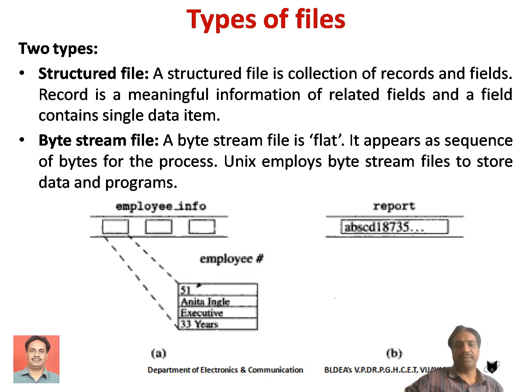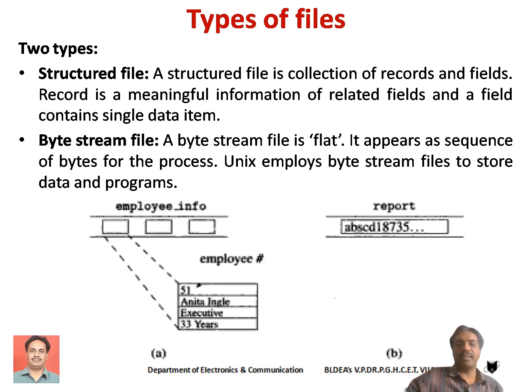A structured file consists of records, and a record includes many fields, and these fields contain useful information. I'll give an example, students. Assume that you have an employee record, as shown in the diagram.